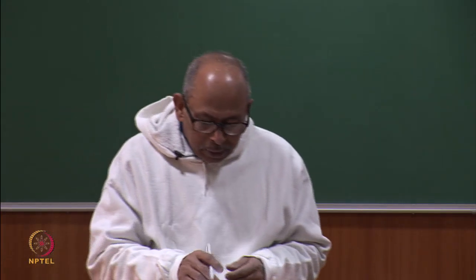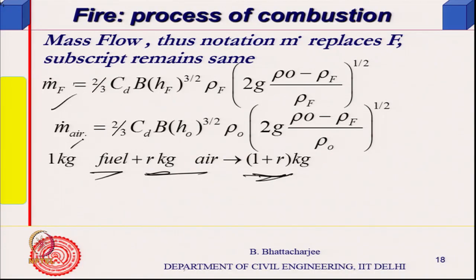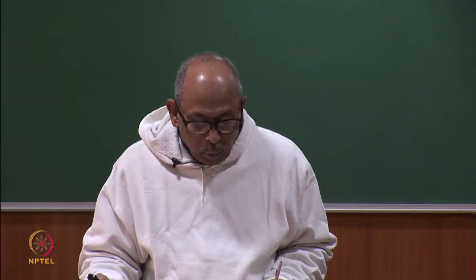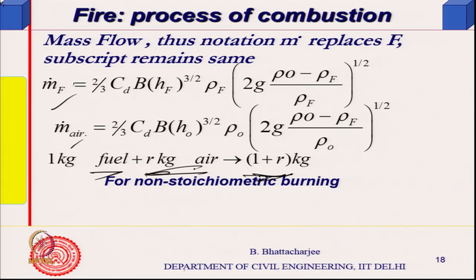So, there is this mass flow rate of air and the hot gases, the flue gases, and it must bear a ratio with the stoichiometric quantity. Since 1 kg of fuel reacts with r kg of air, for wood one knows this, but if it is non-stoichiometric, everything is not burning, whatever combustible product is formed, everything is not reacting, then I will take a fraction. So, let us say it is phi.